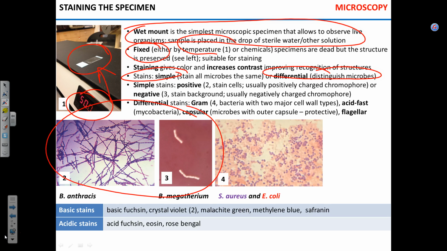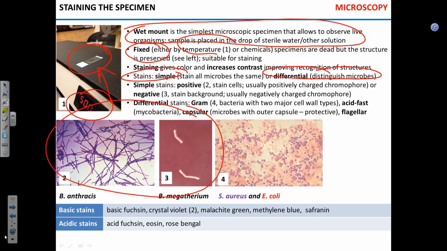They're somewhat different, but they're simple stains, which means if you take gram-positive rods and gram-negative rods and put them on the same specimen and stain them with, say, crystal violet, you won't be able to tell them apart. Does that make sense? So crystal violet will stain all cells dark blue violet. That's your simple stain.